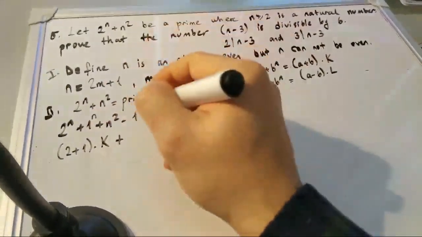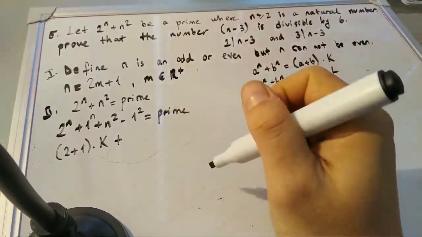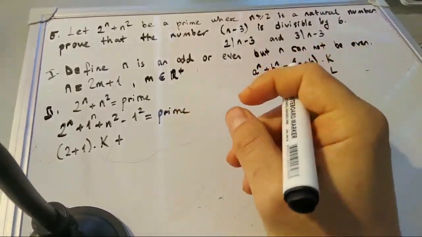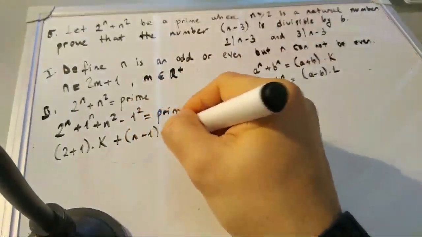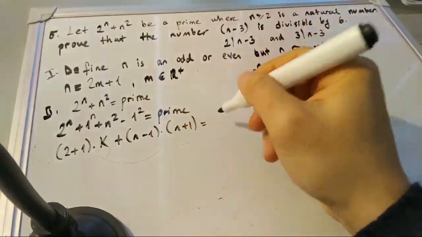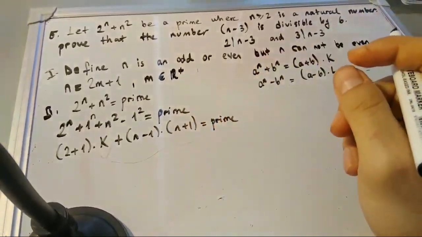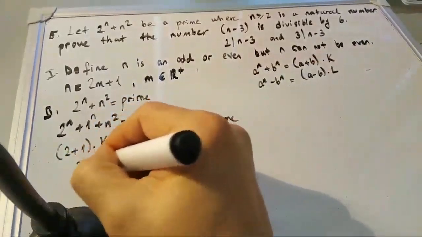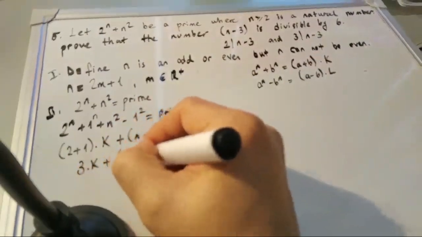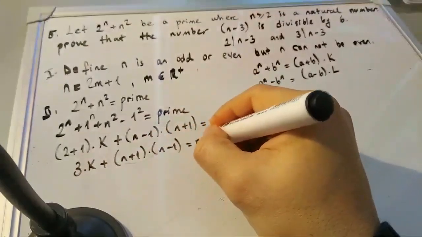But here in this part we can use 2 instead of n, because to use the difference of two squares it will be n minus 1 times n plus 1, which is equal to prime. Two plus 1 is 3 times k plus n plus 1 times n minus 1 is a prime.